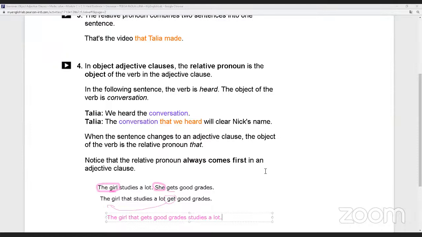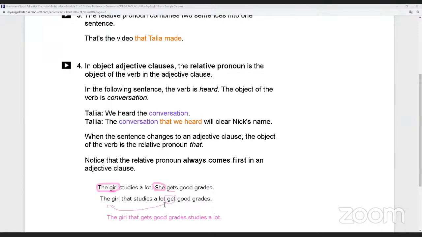You only copy the two parts of the sentence in order to give more information, right? The girl that gets good grades studies a lot. The girl that studies a lot gets good grades, right? So you have two ways. Gets good grades. Yes, it's okay, right?